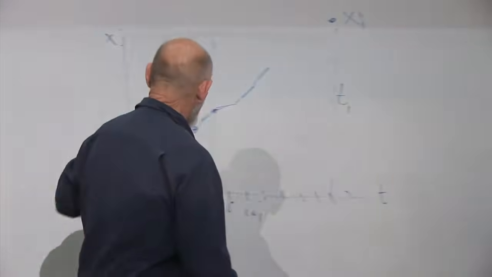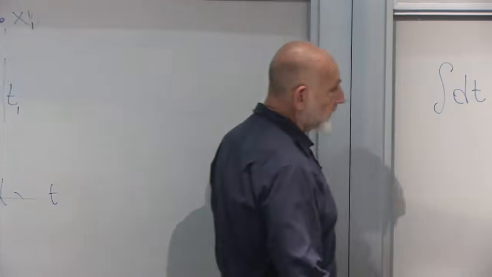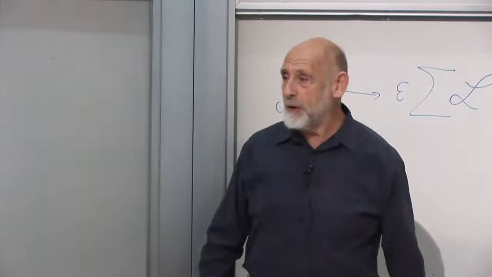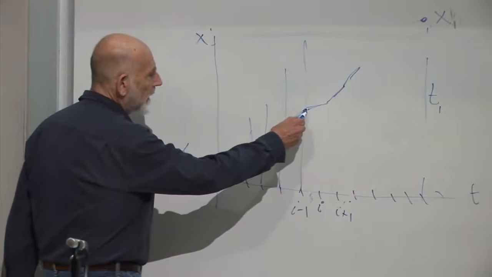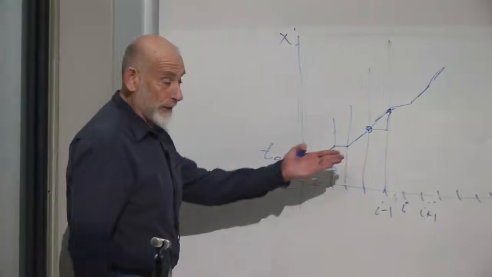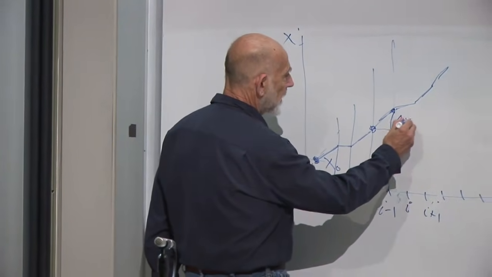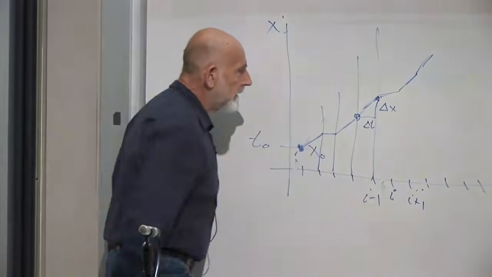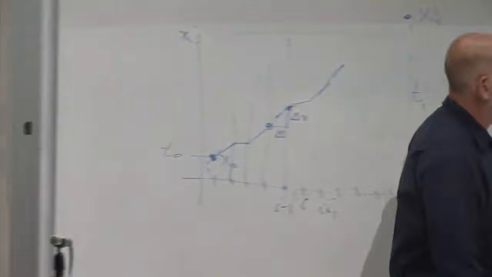And what about the velocity? What are we going to do with x dot? X dot is the velocity. Well, we're going to replace x dot by the ratio, the slope basically, the ratio of delta x to delta t.